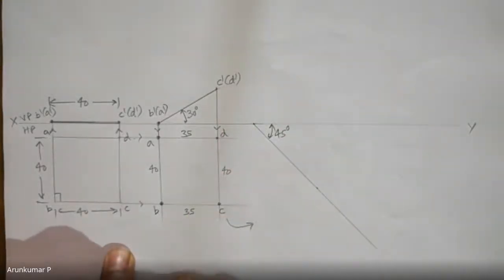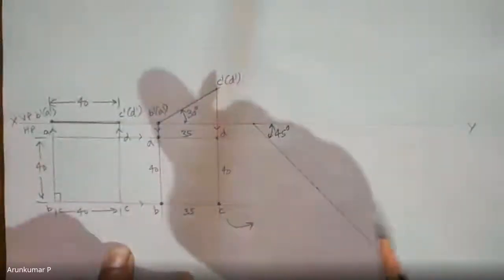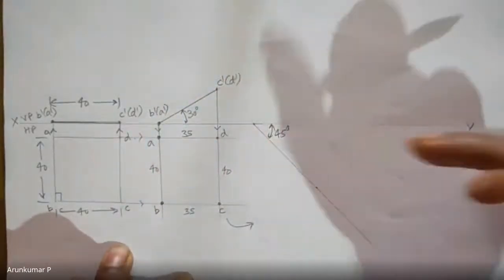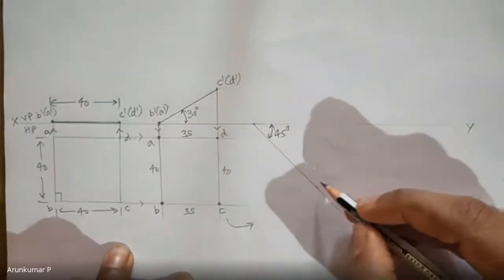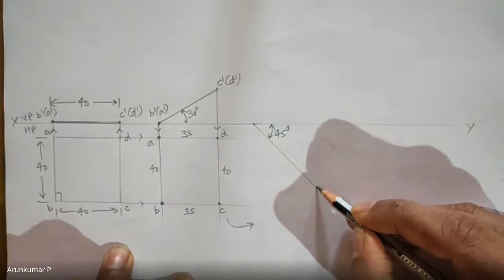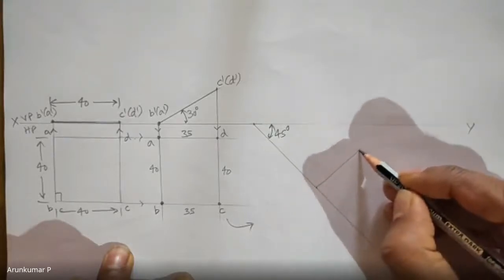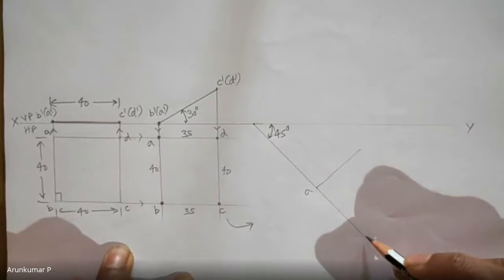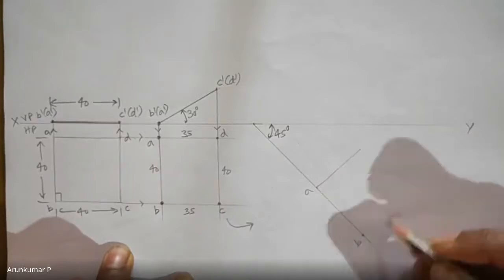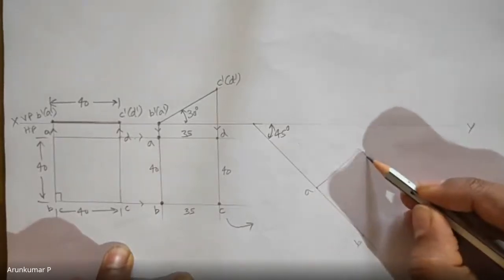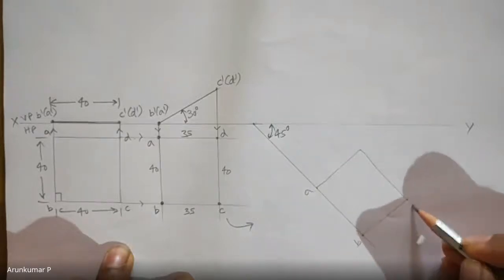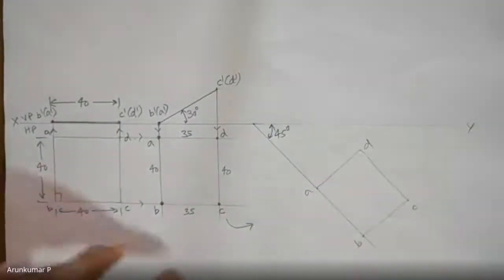I am going to rotate in the anti-clockwise direction and keep it here. So roughly it is going to be like this. This is going to be A, B will be here, C will be here and D will be here. You're getting the idea?